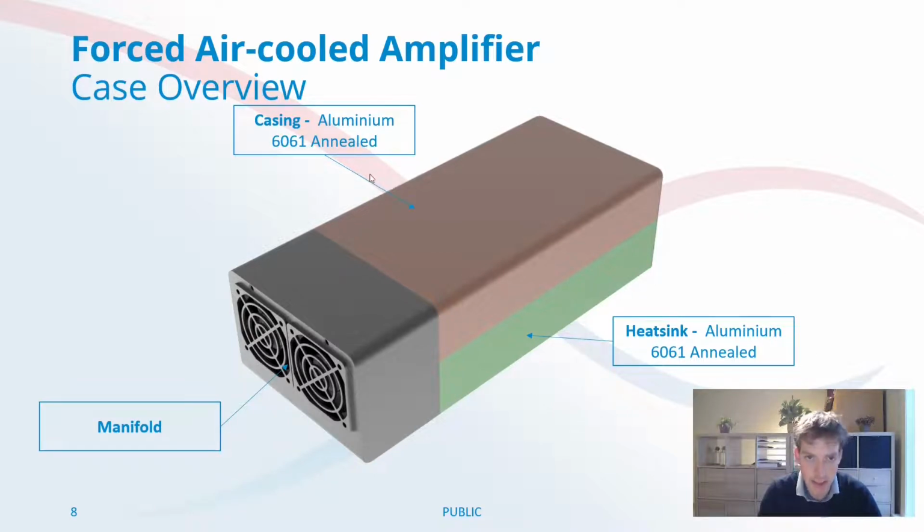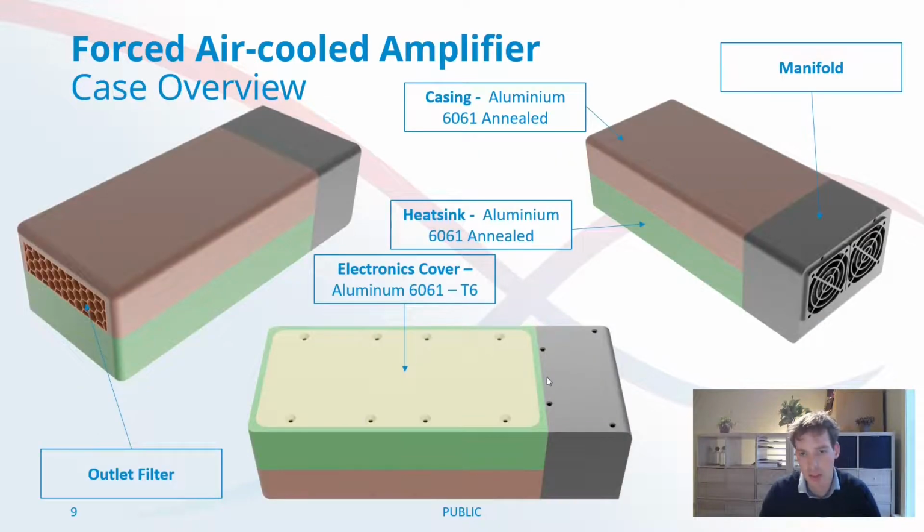Heatsink itself and the casing, which is placed over the heatsink, are consisting out of aluminum 6061, and there is a plastic manifold in front of it, and in this manifold there are 2 fans with a filter in front of it. If you have a look from the other side, you have the electronics in this green box, and this box is covered with some cover also existing out of aluminum 6061.